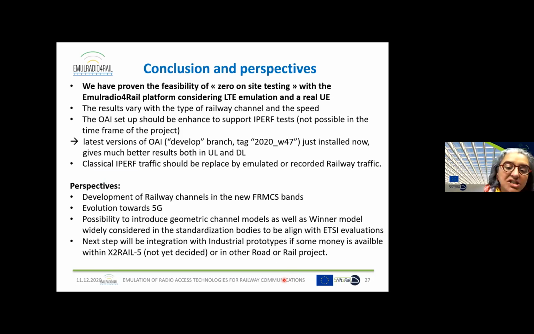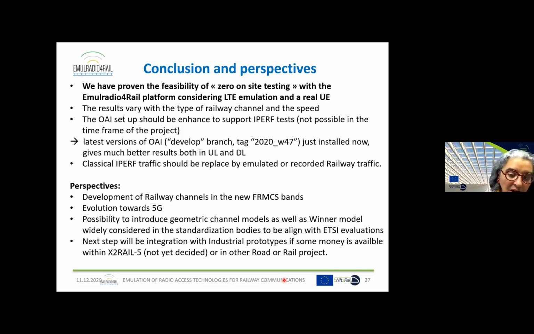So I just remind here some of the previous conclusions, that we have proven the feasibility of zero on-site testing, but we perhaps need much more representative channels, and also confirmation that these channels are really representative.